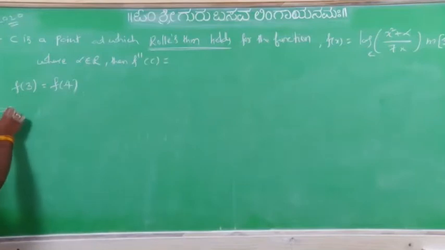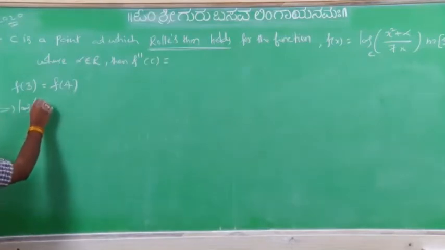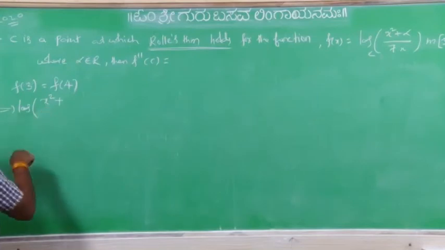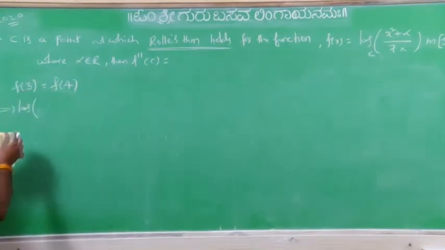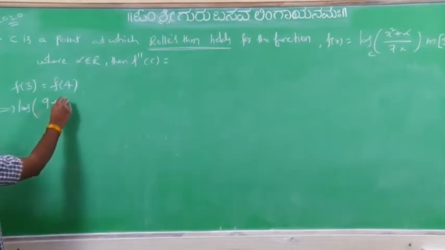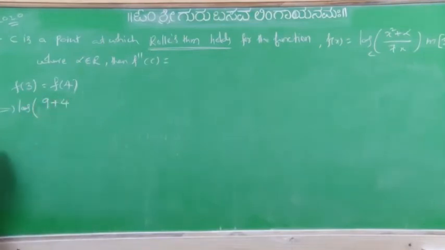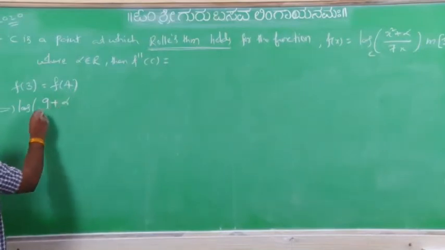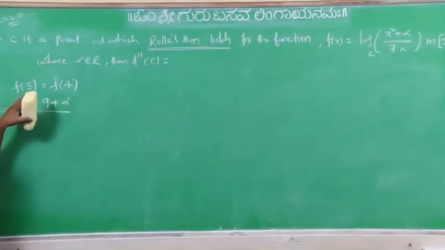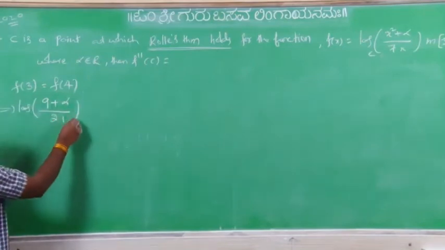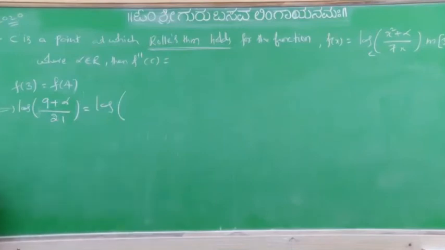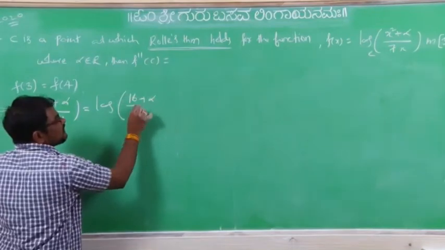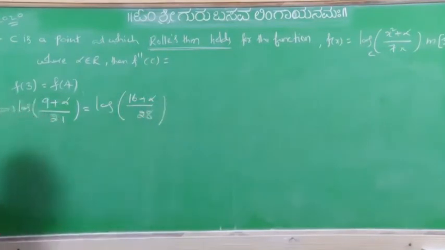So that implies log of x square plus alpha divided by 7x: substituting x value 3, 9 plus alpha divided by 7 into 3, which is 21, equal to log of f of 4, where x value is 4, 16 plus alpha divided by 28.